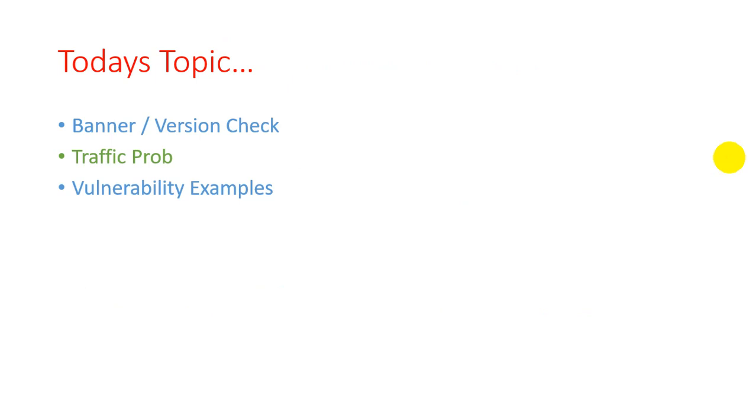What is the banner or version check, and what is the important concept to learn about a version check in cybersecurity? A version is nothing but a security patch which is updated by the organization that provides the software. Like in Windows 97, lots of bugs were found. Later, they updated 97 to 2000, then 2001, and later they introduced Windows 10.